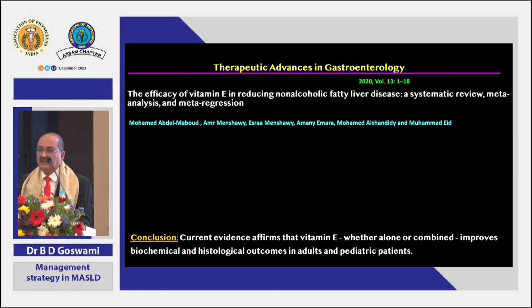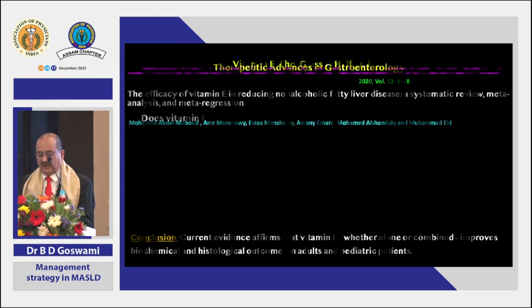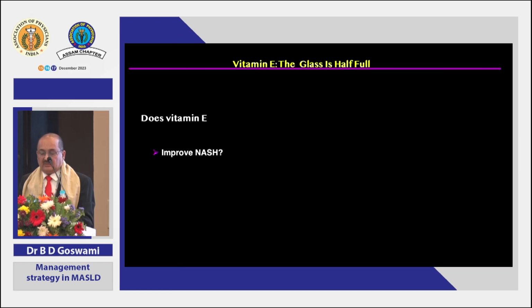Recent studies are showing that if you use vitamin E alone or along with some other combination, definitely it is helpful. Then the question is, does vitamin E improve NASH? Yes. Is NASH reversed?